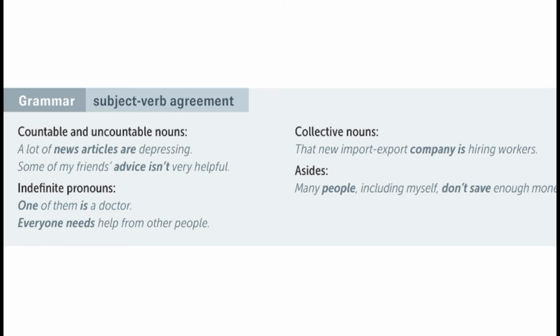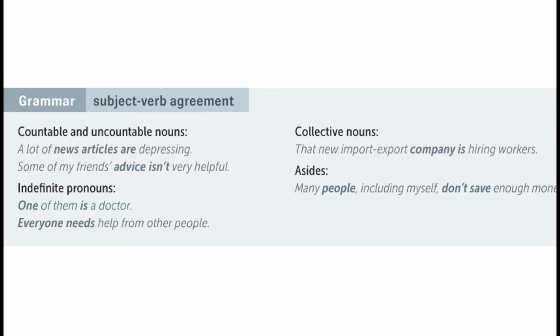We have some verbs here that agree according to the subject when they are countable and uncountable nouns. Examples. A lot of news articles are depressing. Here, articles are in the plural, so the verb is in the plural. Countable nouns, articles, right? Some of my friends' advice isn't very helpful. The word advice is uncountable, and I use the verb in the singular.